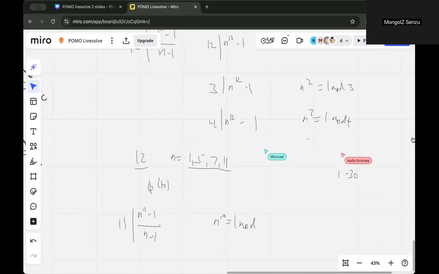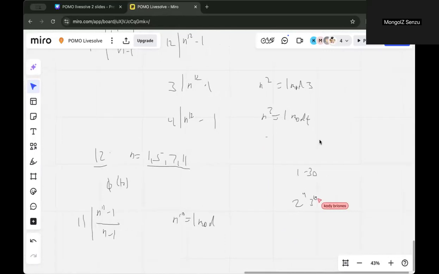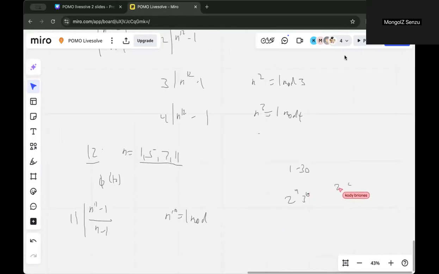The only cases wherein the totient divides the number are, this is pretty known, any number of the form 2^a, then 3^b, where a is greater than 1, I think. So all powers of 2 should work: 2, 4, 8, 16.